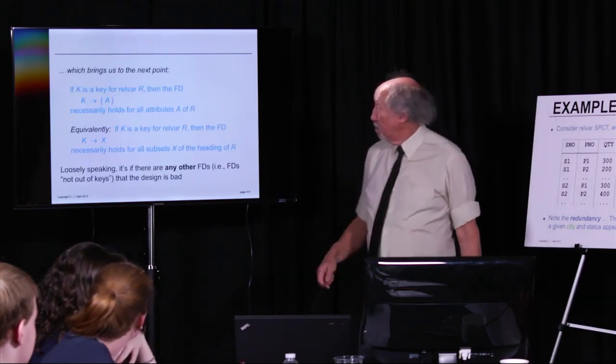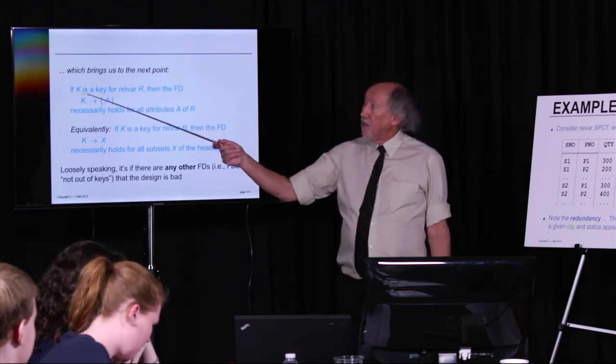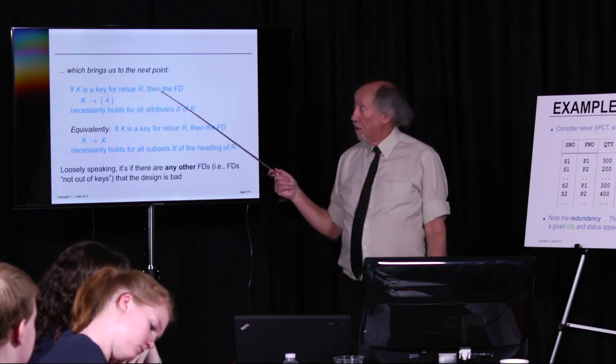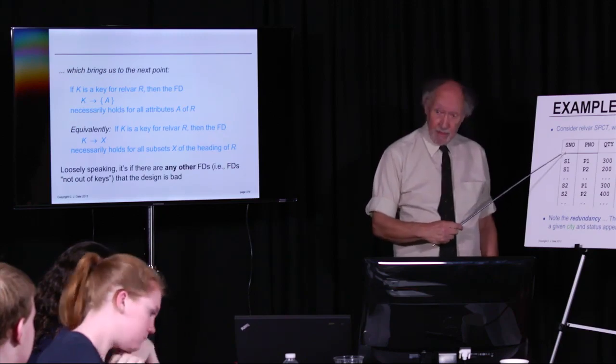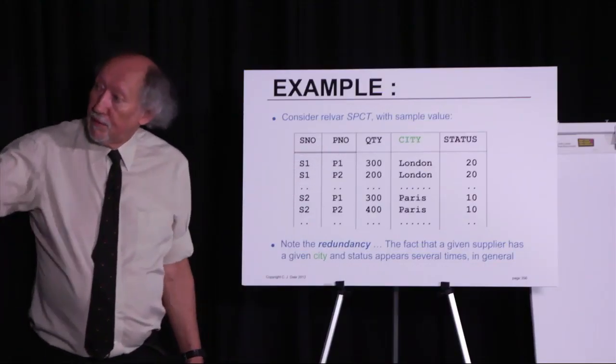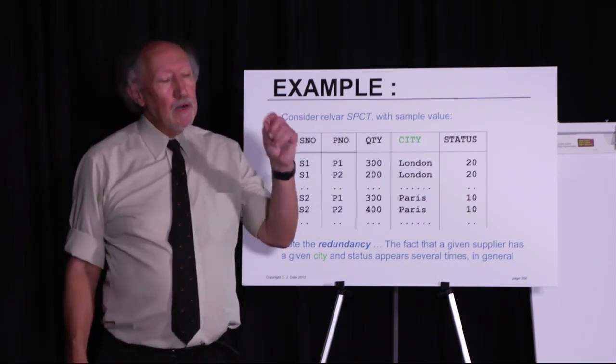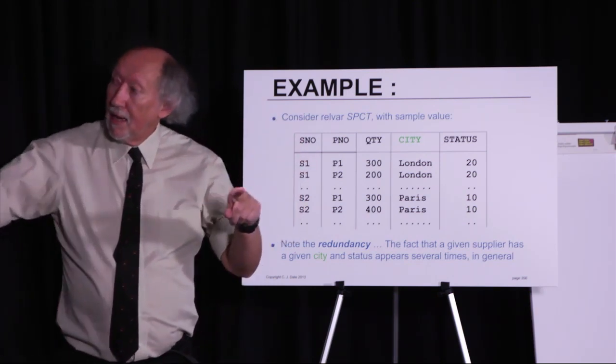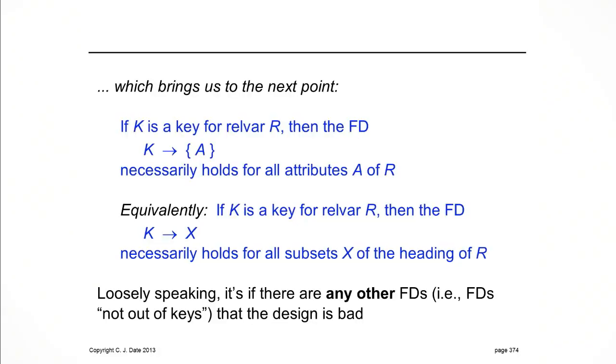Which brings me to my next point. If K is a key for rel var R, here the key, I didn't say this before, but in fact it's the combination of supplier number and part number. If K is a key for R, then the functional dependency K arrow A necessarily holds for all possible attributes A of the rel var.